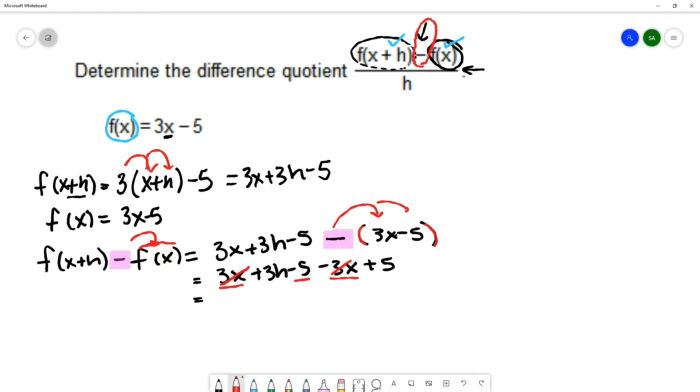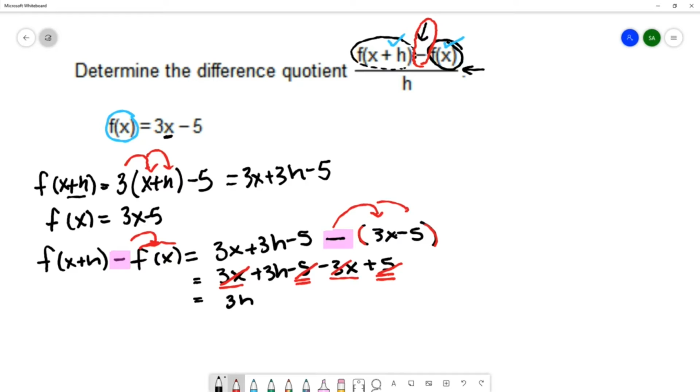And then I have negative 5 and a positive 5, those are like terms, and when you add them together they zero out. So that's going to leave me with 3h. And there's nothing really else I can simplify.